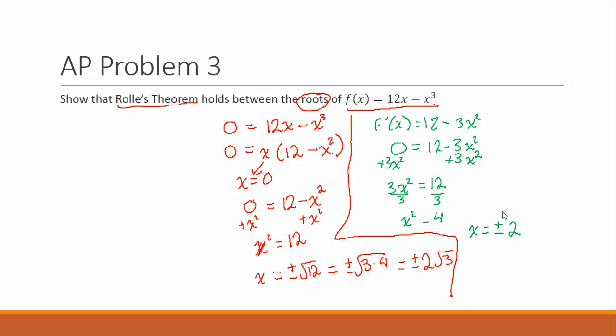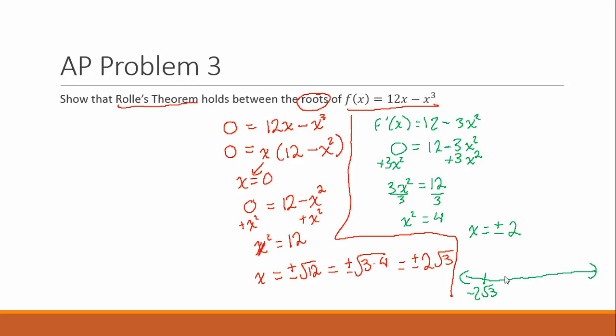Now, this may not feel like we're done, but in fact we are. Because look at this, we found out that the derivative is equal to 0 at negative 2 and positive 2. Well, negative 2 is between negative 2 root 3 and 0. So if we drew this on a number line, the first thing you would see is negative 2 root 3.